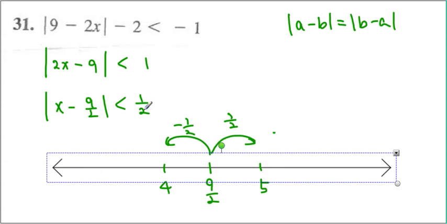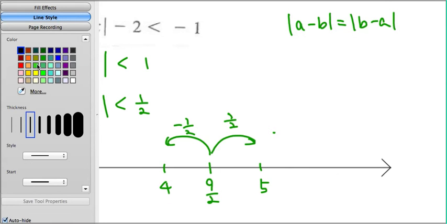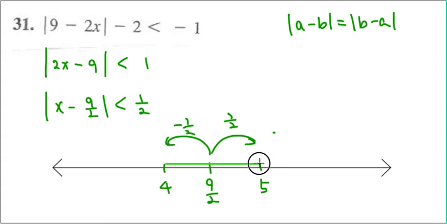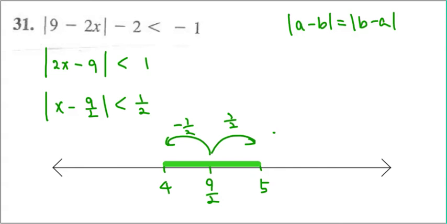And the thing is that the distance has to be less than that, so basically that's what we end up getting. Let me make it a bit thicker. And then the endpoints have to be open circles because we don't have the underline on the inequality. That's it.